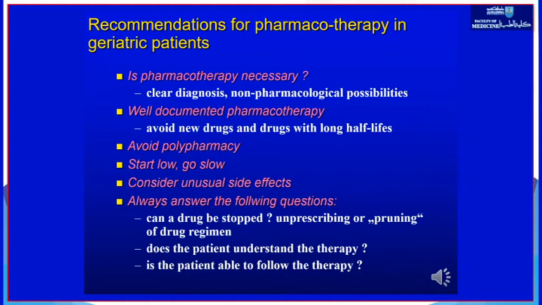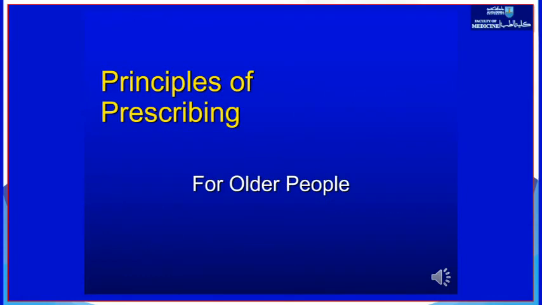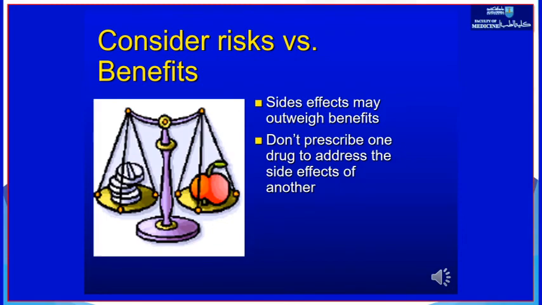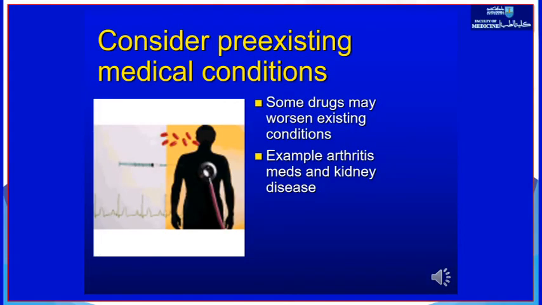Always answer the following questions. Can a drug be stopped? That is, can I prune the drug regimen? What is known as deprescribing. Does the patient understand the therapy? Is the patient able to follow the therapy? So the principles for prescribing in an older person include starting on a low dose, considering risks versus benefits, considering pre-existing medical conditions.